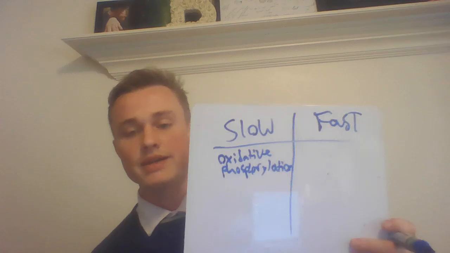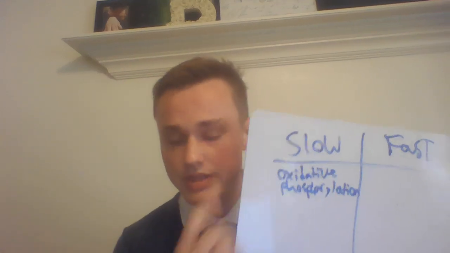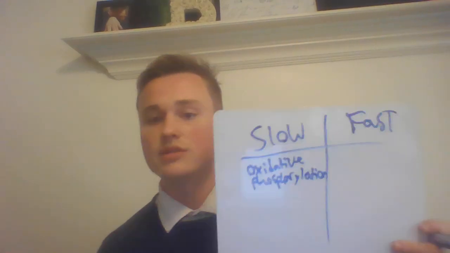So we have ATP out the wazoo for slow twitch, which is good because slow twitch is also known for its high endurance. It doesn't fatigue very well, I should say. It does eventually fatigue, but it takes quite a while. High endurance.